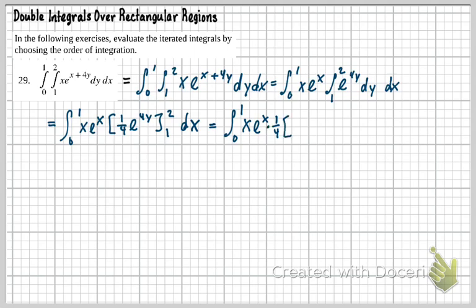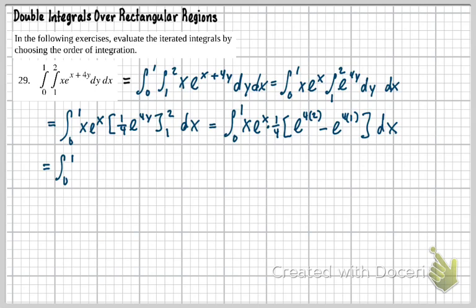And then this is going to really be e to the 4th times 2 minus e to the 4th times 1 and dx. Okay, so then that results in the integral from 0 to 1. This inside is going to be e to the 8th minus e to the 4th.